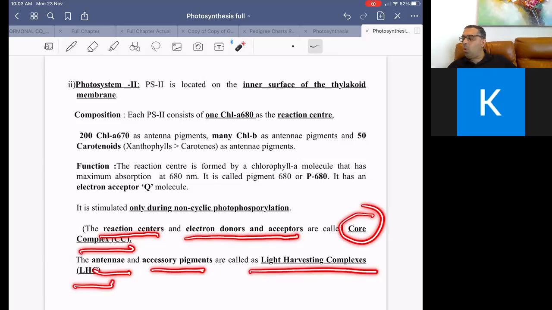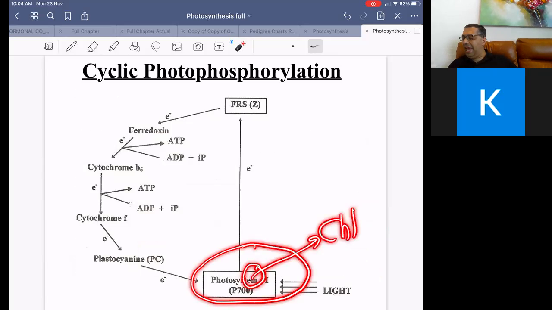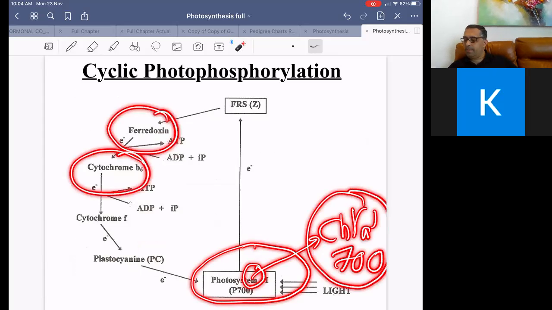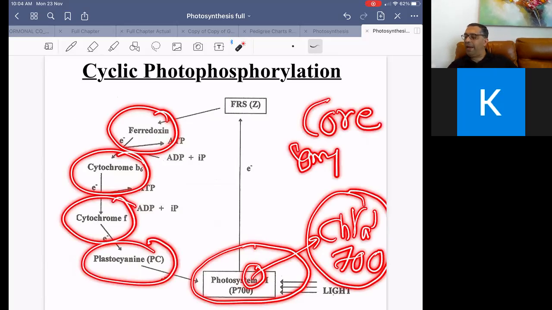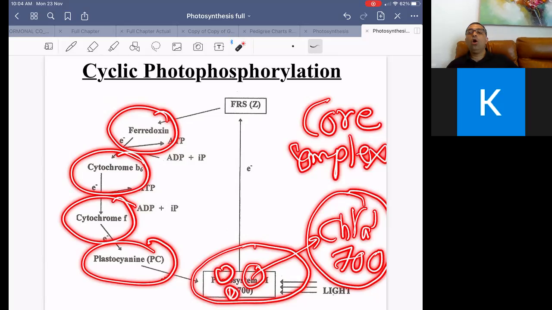So in a quantasome, this is the reaction center, chlorophyll A 700. Chlorophyll A700 and all the electron acceptors are called the core complex.